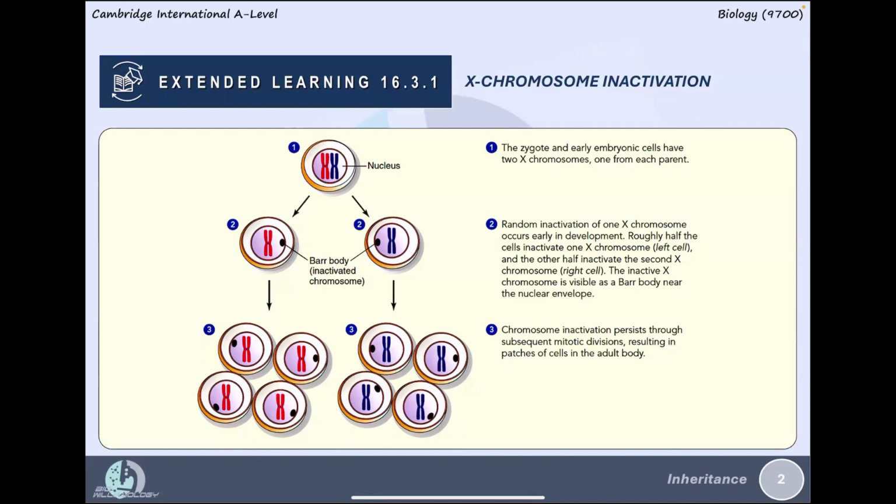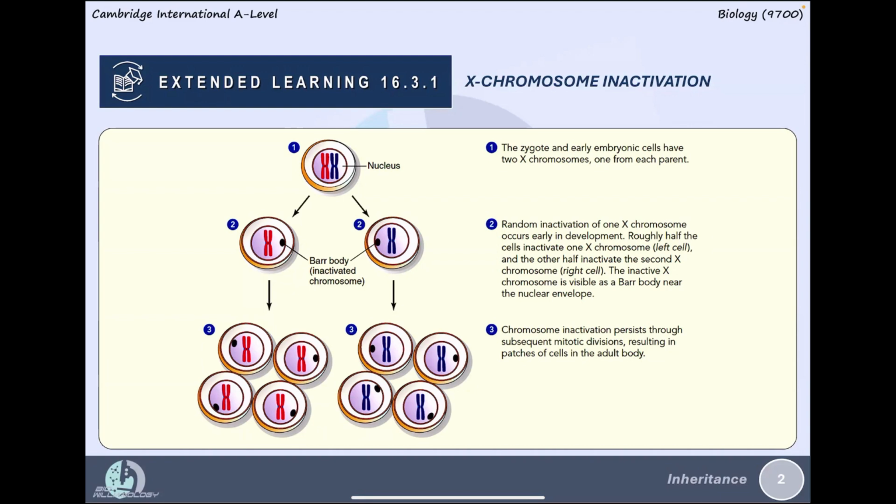One of them is red, another one is dark blue. However, when it comes to the embryo stage, a random and spontaneous selection of one of these X chromosomes occurs, and this X chromosome is inactivated and forms a body.